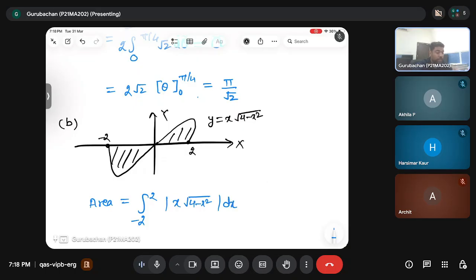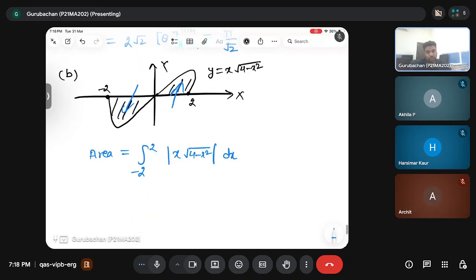If you don't take the mod, because of the symmetry, this integral will become 0. This is an odd function, and an odd function from minus a to a will give you the value 0. Area is 0, which is not the case. You can see some positive area. So that is why we take mod here.